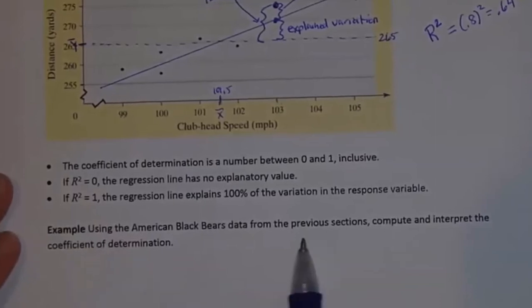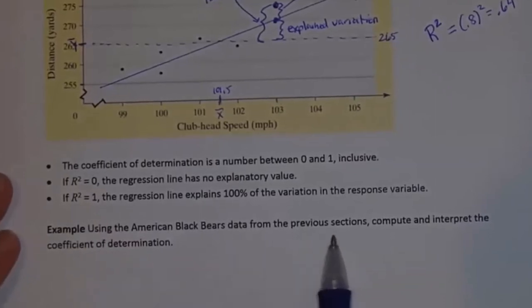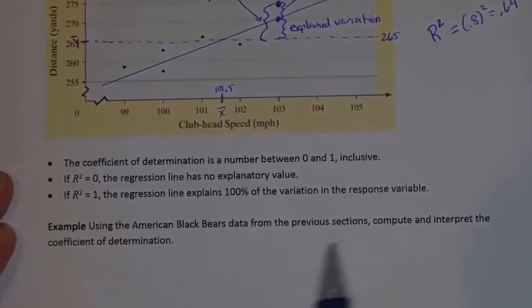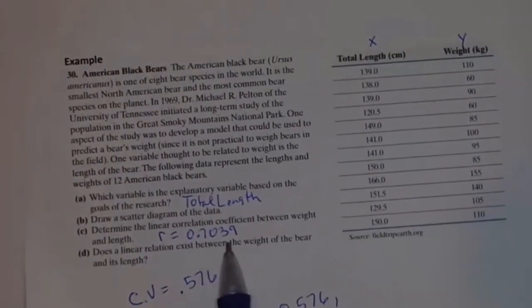Example: using the American Black Bears data from the previous sections, compute and interpret the coefficient of determination. So back at the end of section 4.1, we found the correlation coefficient for the Black Bears. It was 0.7039.